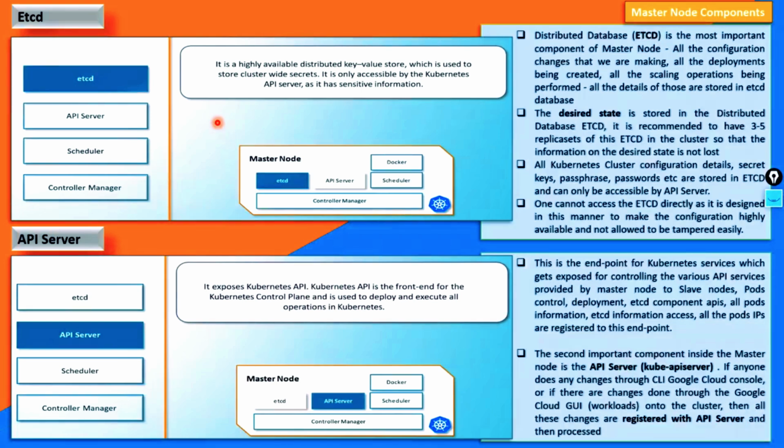As I told you, whatever deployments and services you are creating, the manifest files, all will be monitored and under the purview of the API server. It cannot implement any object without the permission and management of the API server. It has to be registered before you can implement.